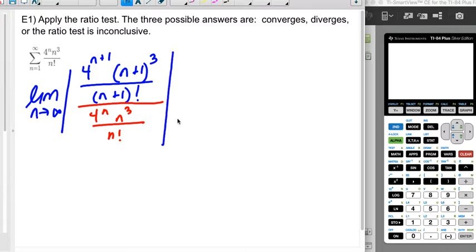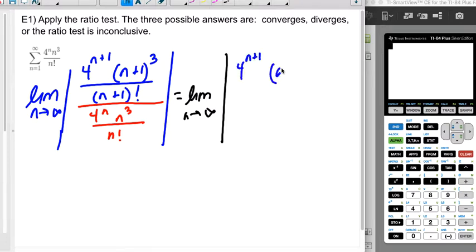Now I'm going to have to clean this up, and I want to show the relationship of this quantity to 1, but I need to clean this up first. So this is the limit as n approaches infinity. I'm going to not skip ahead to the way I would do this yet.